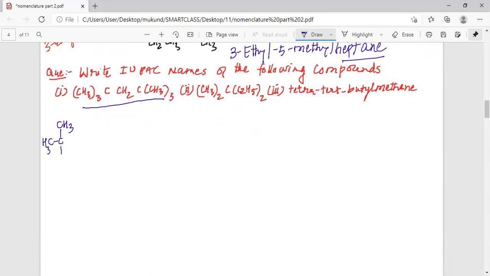Then we have CH2, and then we have C, that is bonded to CH3, CH3 and CH3. So this is how it goes, my dear students.